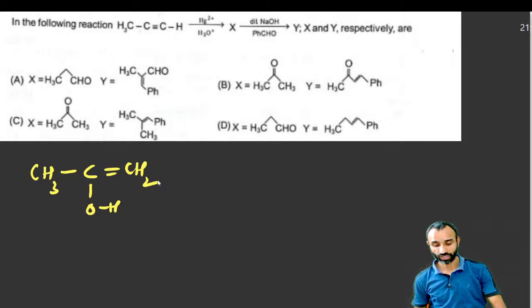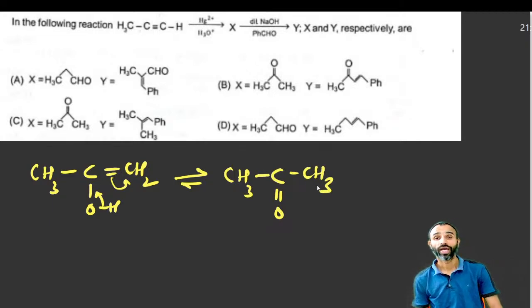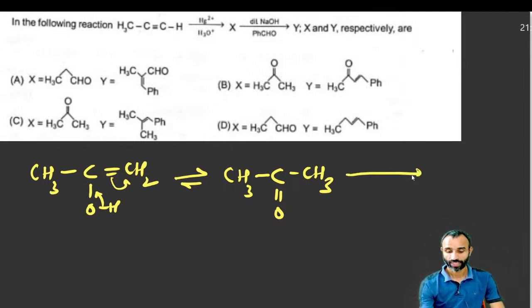Hg2+ H3O+ means HgSO4 H2SO4. So we get acetone, and acetone with dilute NaOH and benzaldehyde.